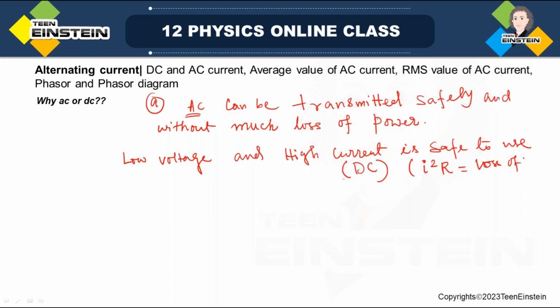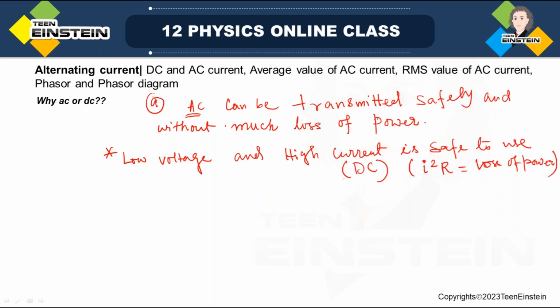If I make the current high, then loss will be more, and this is the case in DC, where the voltage is low and current is high.